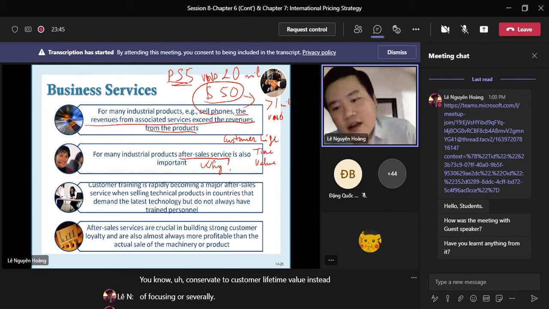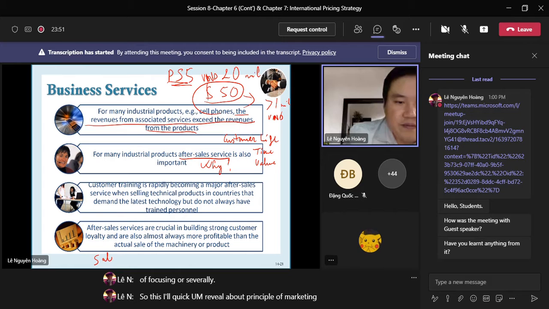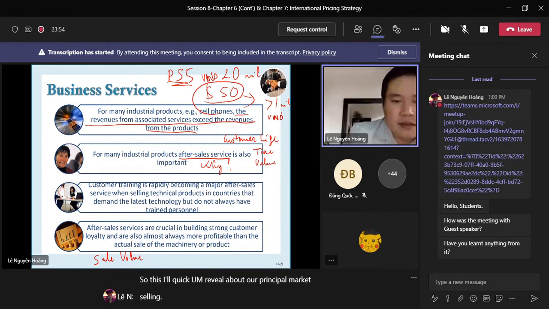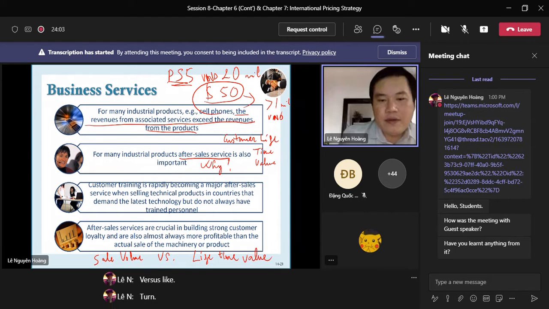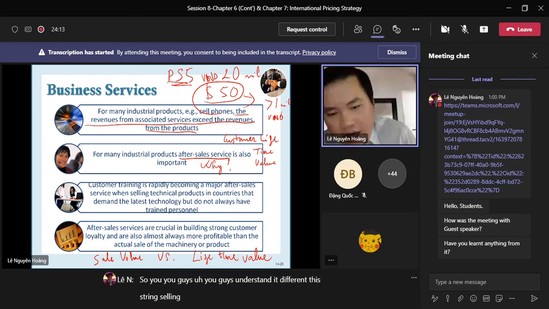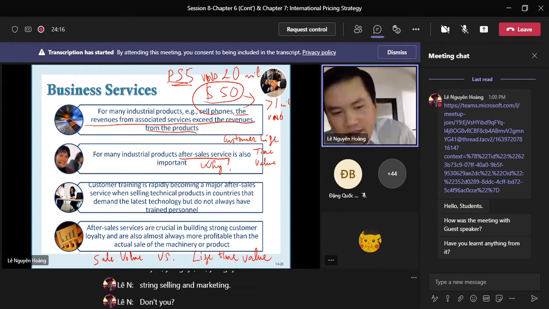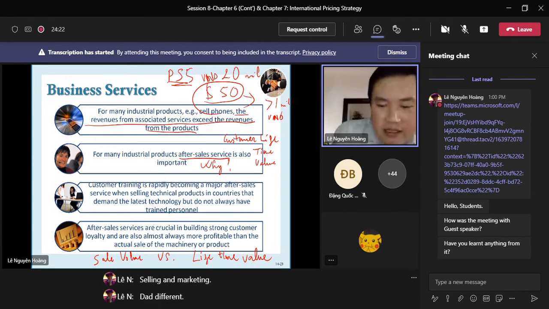So just a quick review about the principles of marketing. Sale volume versus lifetime value. Okay, so you guys understand the difference between selling and marketing, don't you? Selling and marketing, they are different. In the definition of selling, we focus on the sale volume.